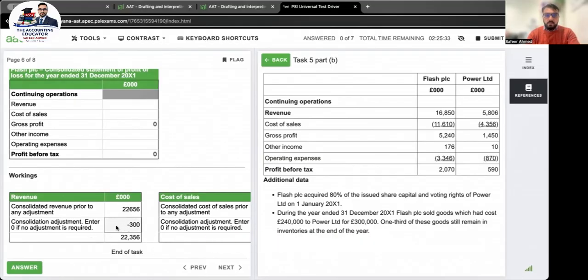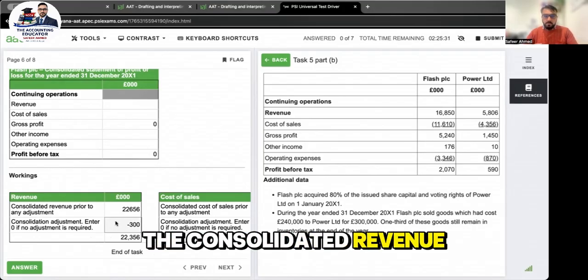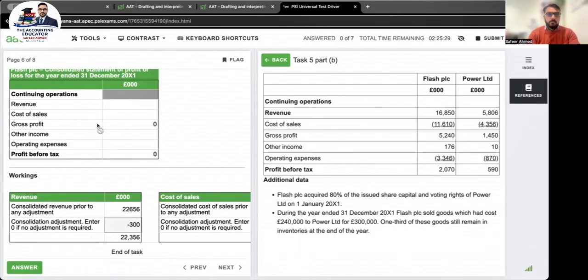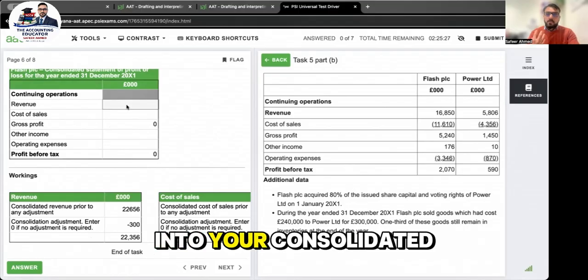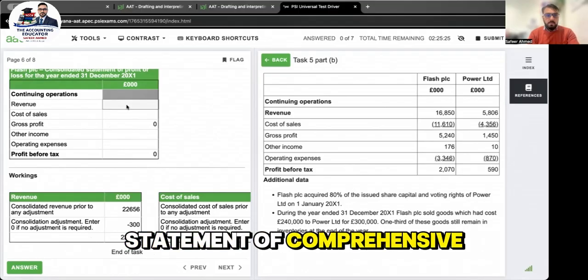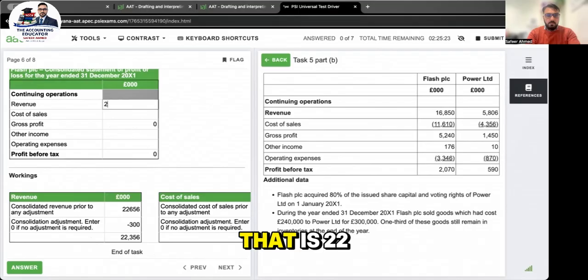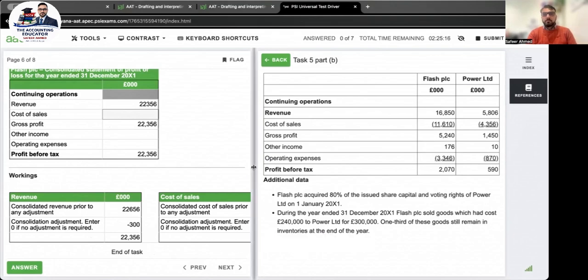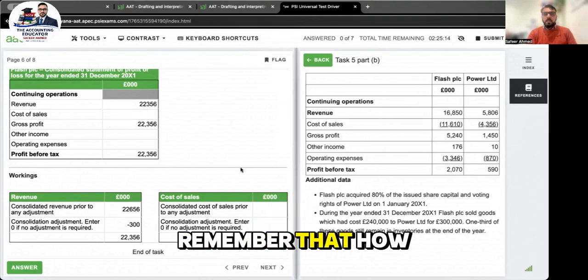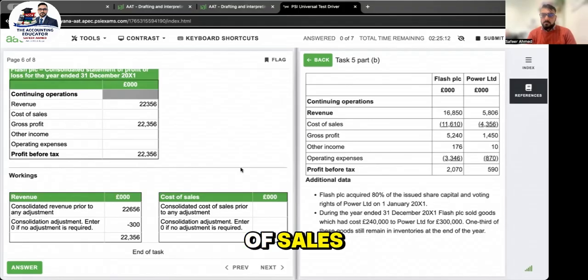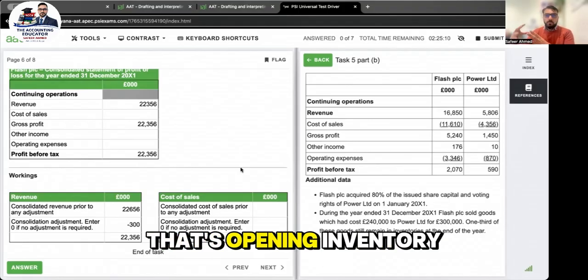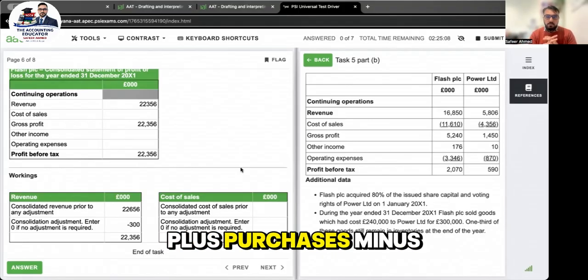So that gives us the consolidated revenue after the adjustment, which will go into your consolidated statement of comprehensive income. That is 22,356.